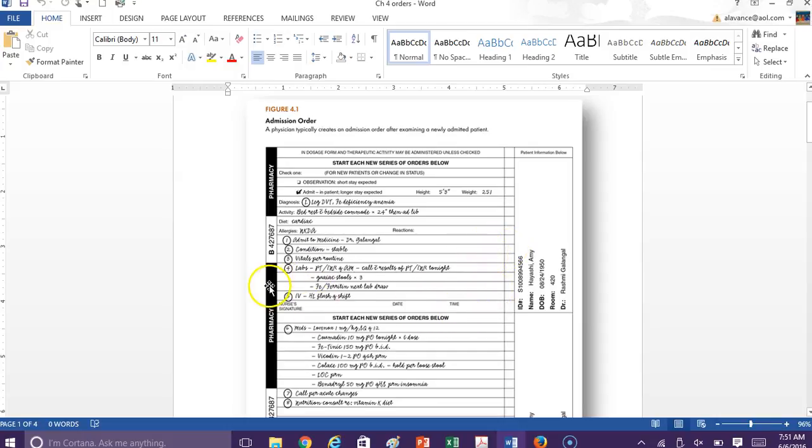The labs ordered are PT and INR every morning, so those are coagulation labs. Call with the results to the physician. A guaiac stool, so they're going to check to see if there's bleeding in their stool, times 3. And then they're going to check their iron levels in their next lab draw.